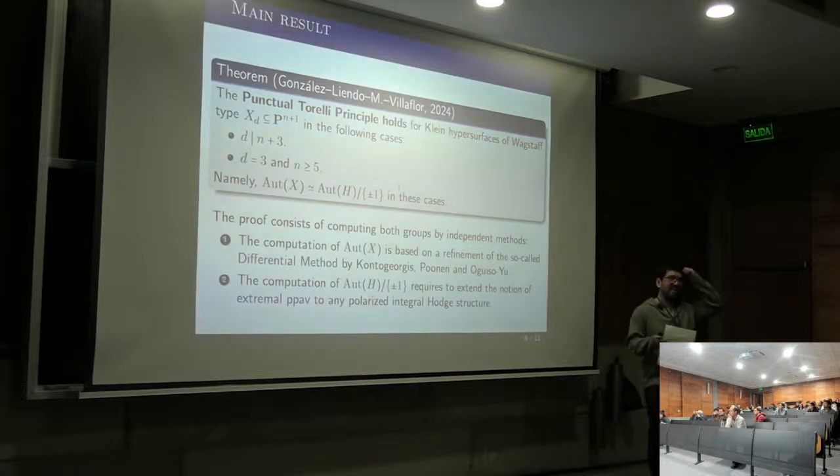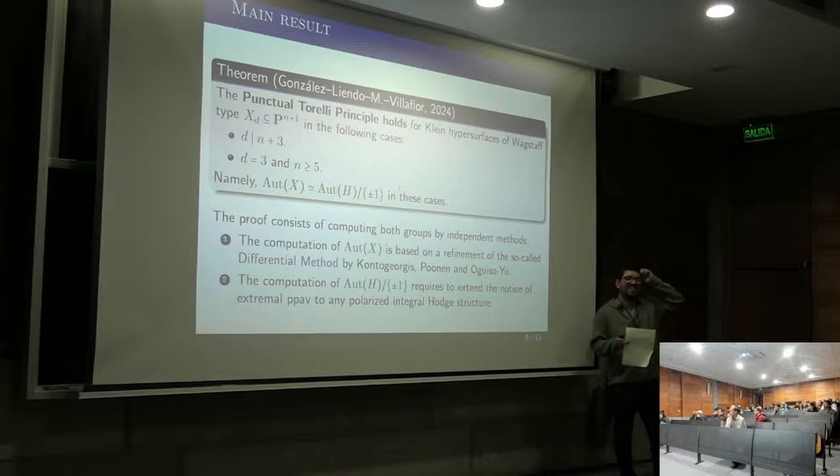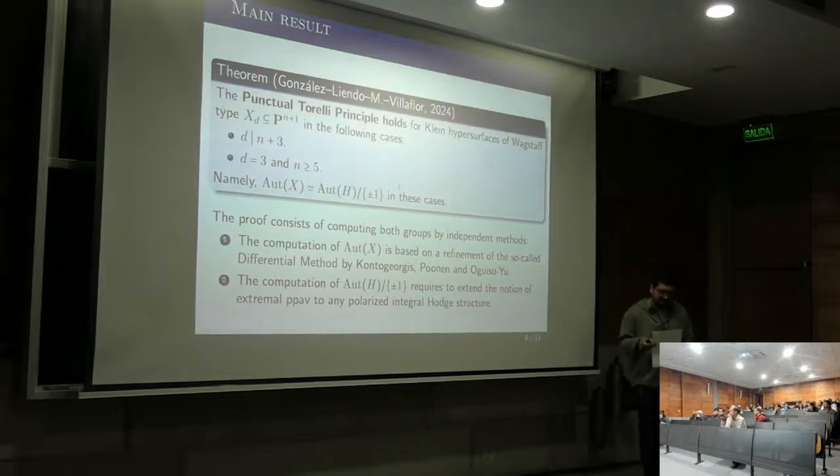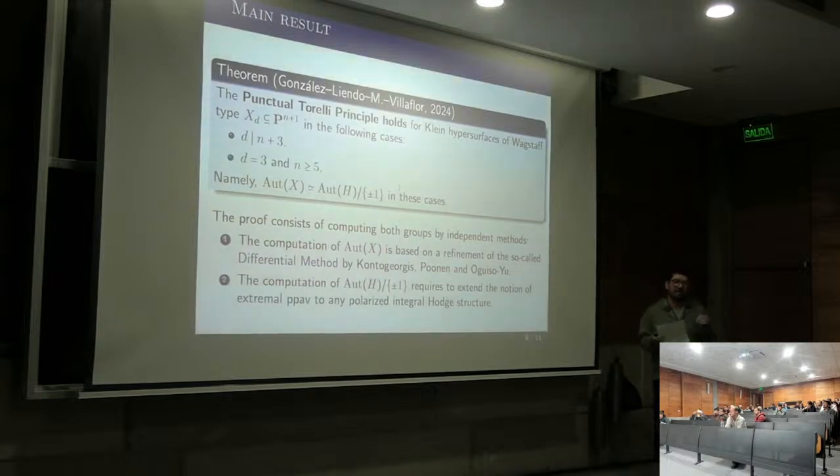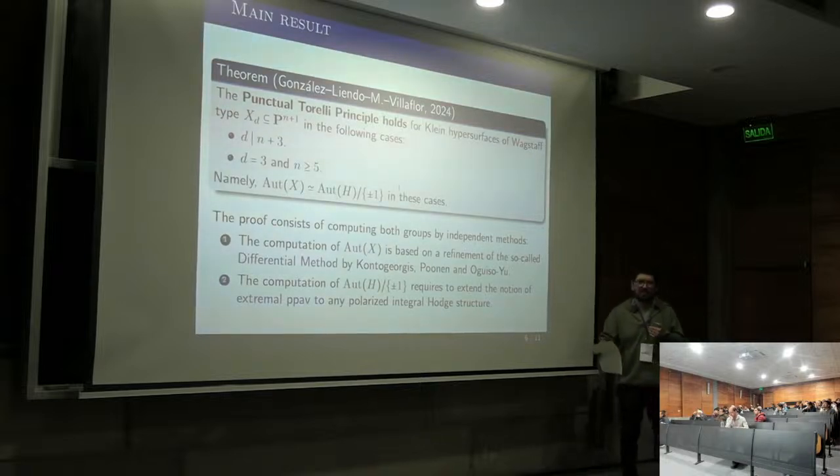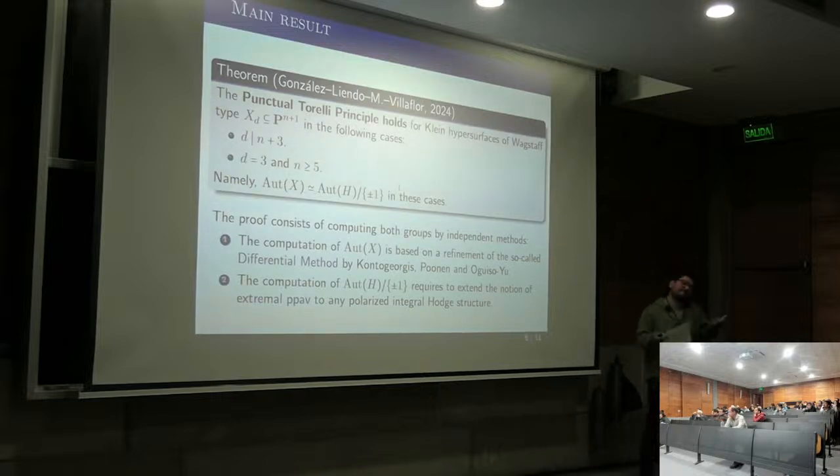Actually, we spoke with Michela, and after some discussions, we realized that in the case of K3 surfaces, the automorphism group has to be infinite. But that's the only thing we know, because the Picard number is maximal, and there are results by Shioda–Inose that say that a K3 surface with maximal Picard rank has infinite automorphism group. That's all we know.